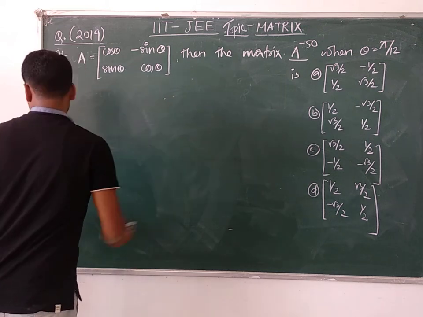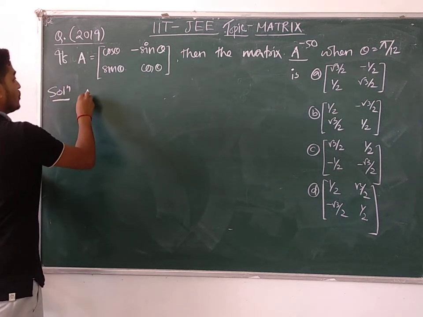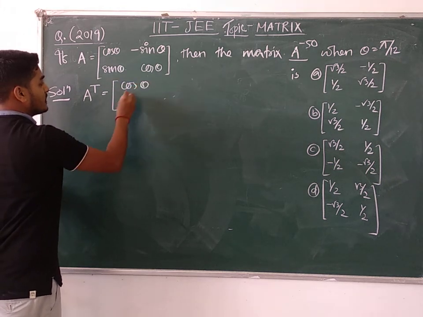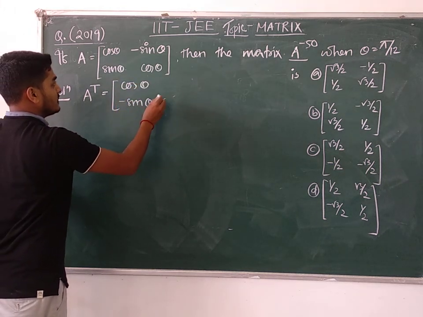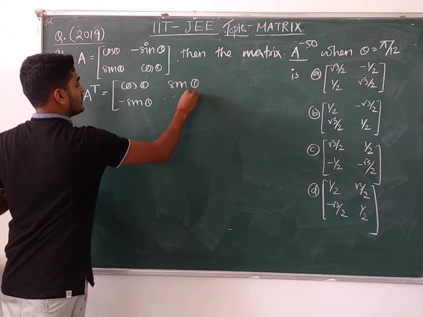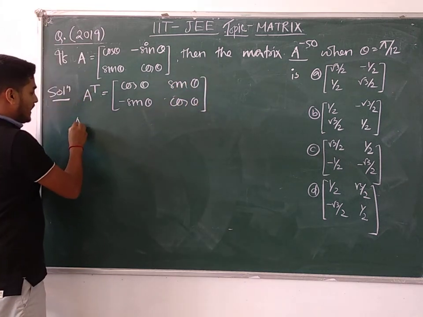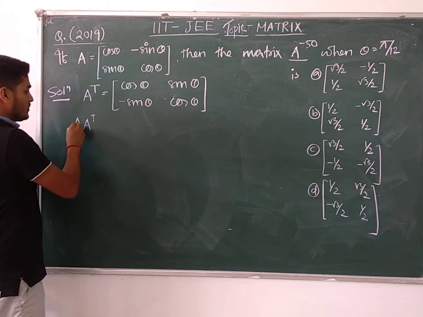Then what you will do? As A is given, so we'll try to find out the transpose of the given matrix. This is nothing but cos theta, minus sin theta, and then sin theta, cos theta. I think you have got my point. Now try to multiply A transpose.